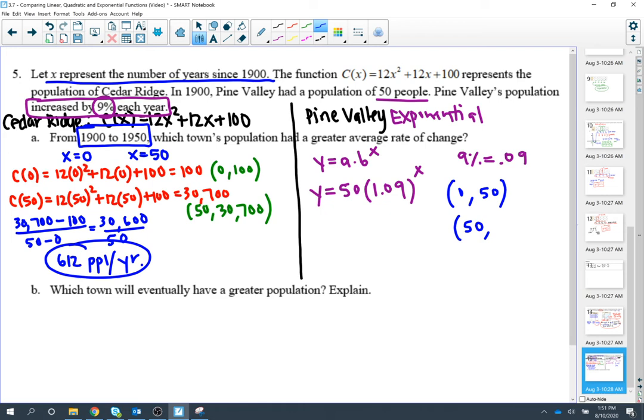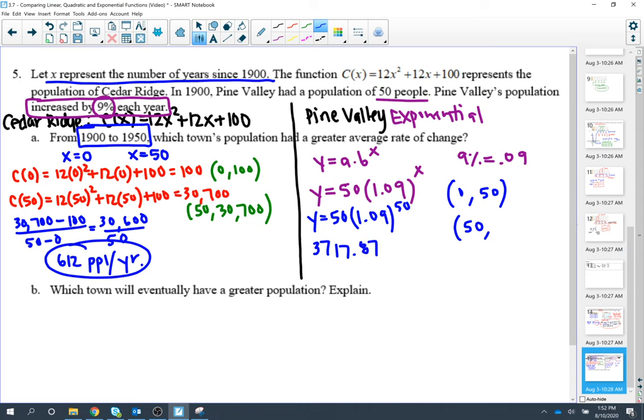And in order to do that, I'm going to substitute it into my function. So y equals 50 times 1.09 to the power of 50, because now it's 1950 and it's 50 years later. So 50 times 1.09 to the power of 50. And I'm getting 3717.87.